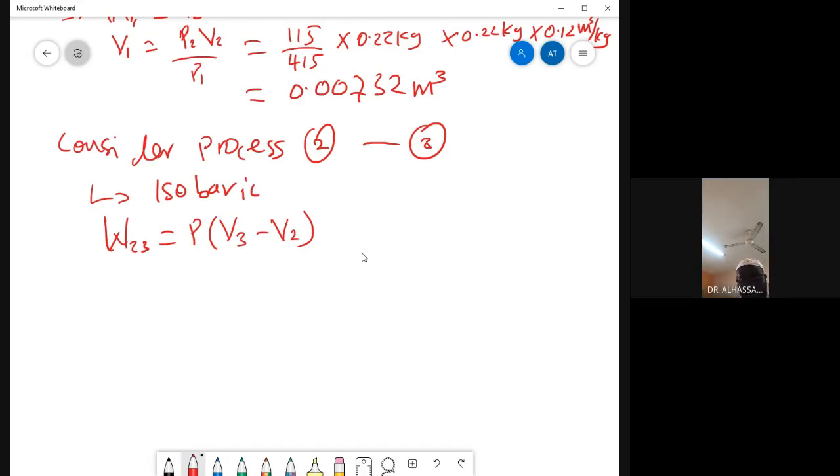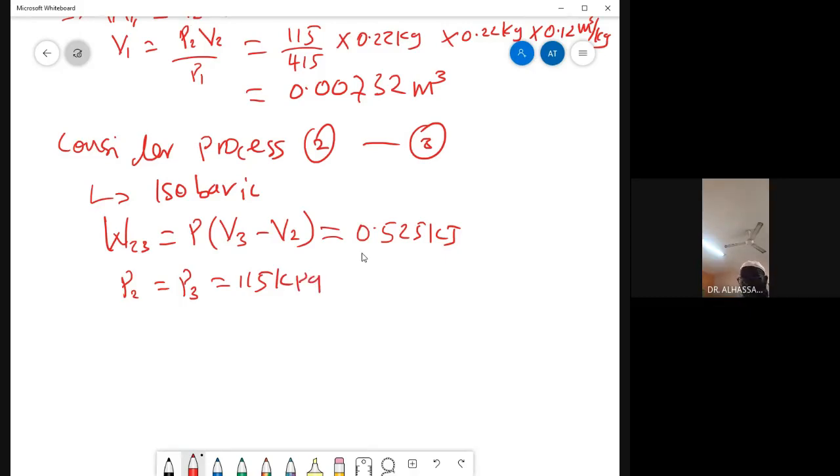We are told this equals 0.525 kilojoules. So if you substitute the pressure, which pressure are we going to use? Here, P2 is the same as P3, so the pressure is P2, which equals 115 kilopascal.